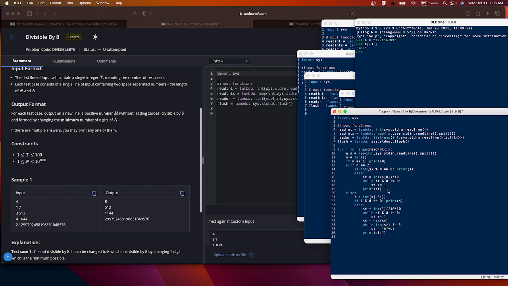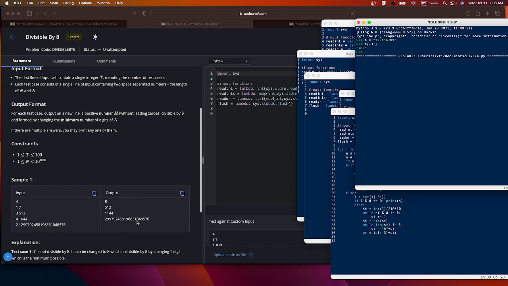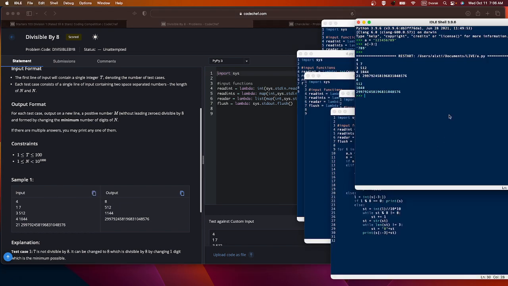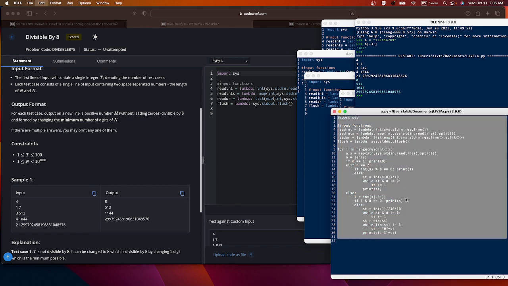Go up to the third last character plus ST. Yeah, seems legit.